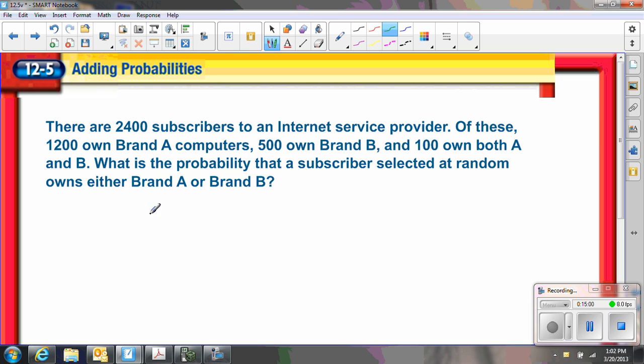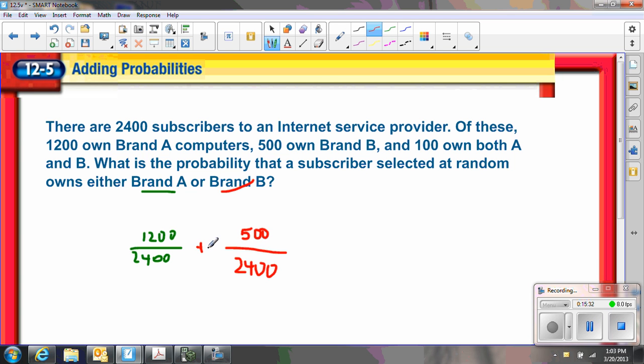So to figure this out, I start by finding brand A. The probability of brand A would be the total number, 2400, on the bottom, and the total number of brand A on the top, 1200. Brand B would be the total number on the bottom and the total number who own brand B on the top.